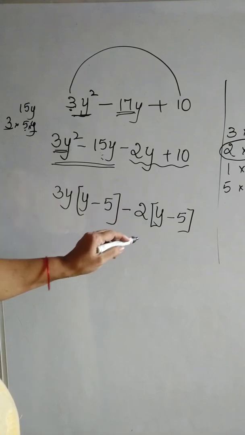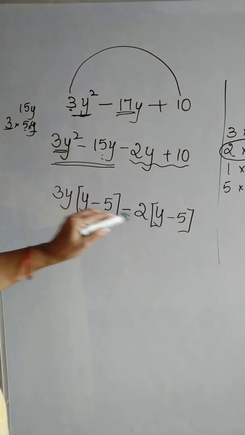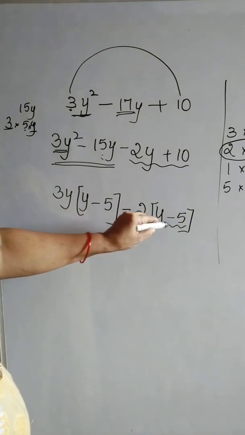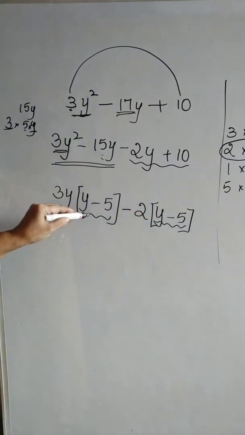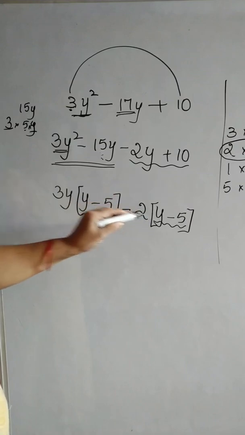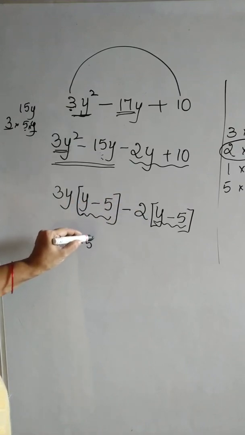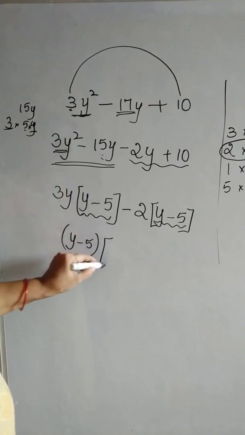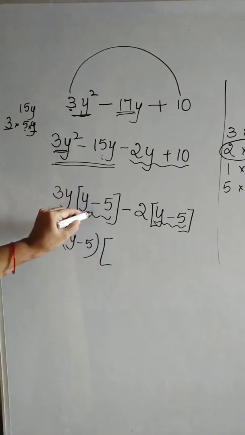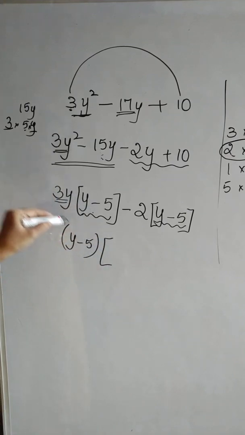Now, once you come here, you can observe that the bracketed portion, that is y minus 5, is common in both places. So we will write here y minus 5 and take it common. Here, if you take y minus 5, we are left with 3y.